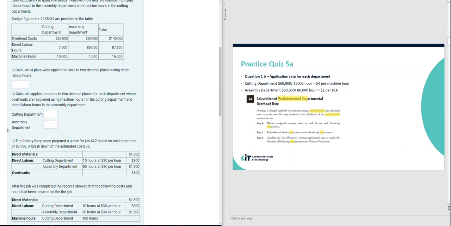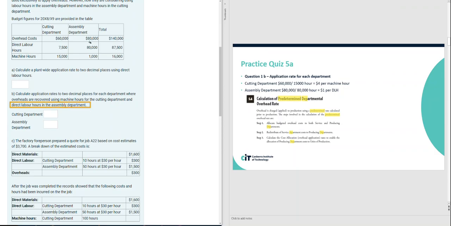Next let's look at the assembly department. For the assembly department, the total overhead is $80,000, and the question tells you that direct labor hours is the cost driver for the assembly department, right?